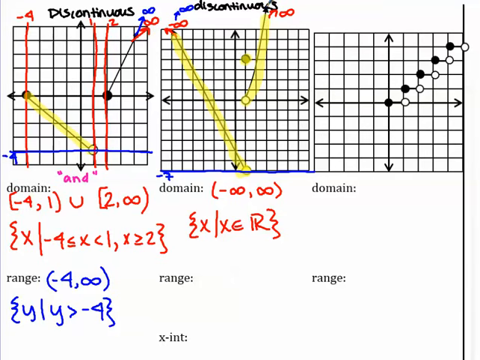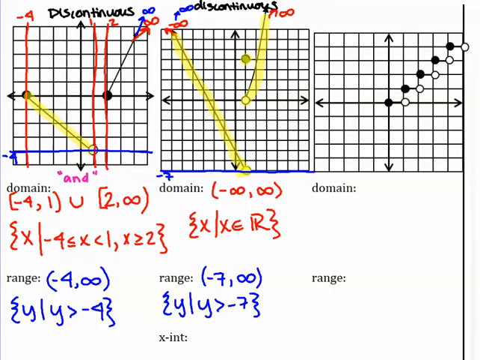Well, if I say that the range goes from -7 to positive infinity, doesn't that include 0 to positive infinity as well? It does. So I only need to write -7 to infinity as my range. The -7 has an open circle, so I'm going to have a parenthesis, and infinity always has a parenthesis. So in set notation, this is the set of all y's such that y is greater than -7.